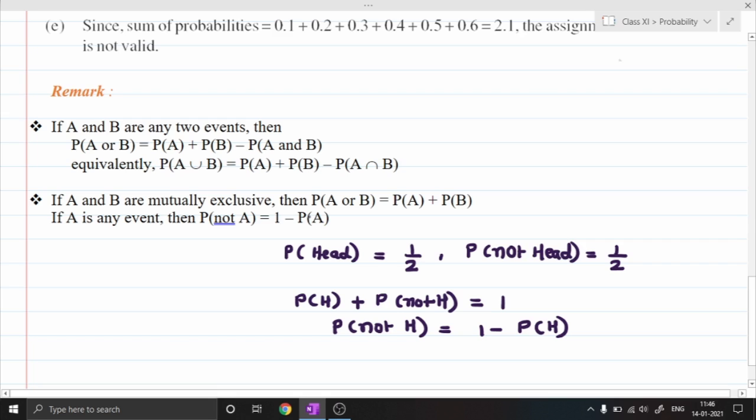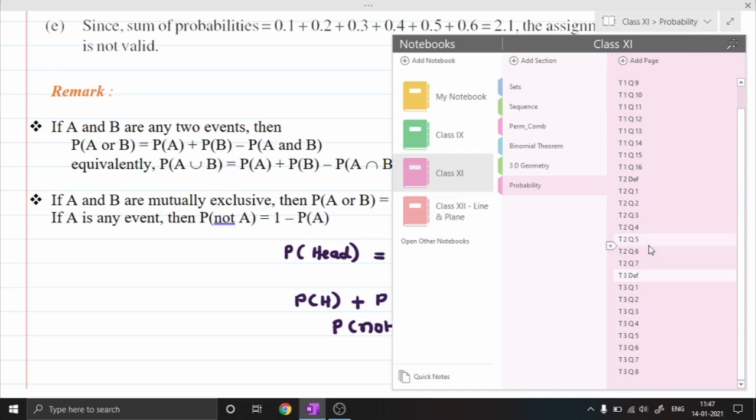This is the formula. If I want to find out the possibility of not happening of any particular event, I will subtract the possibility of the same event from 1 to get the required value. Now let us see the first question of exercise 16.3.